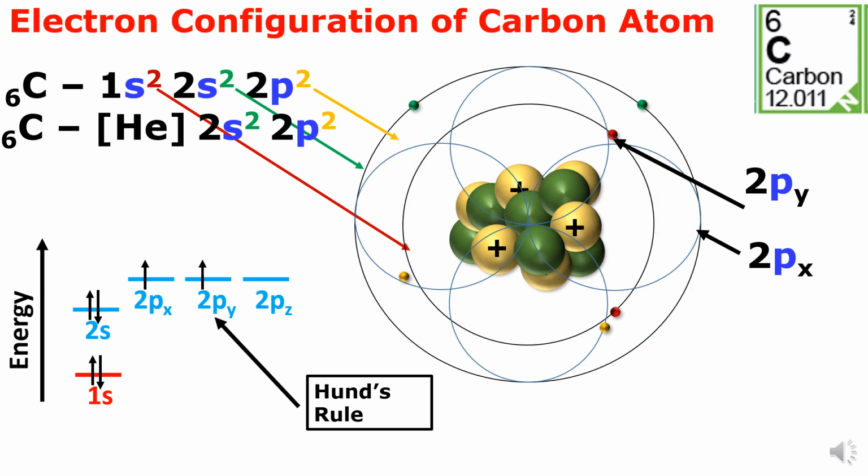For carbon, the electron configuration is 1s2, 2s2, 2p2. The first two electrons fill the 1s orbital, the next two fill the 2s orbital, and the fifth and sixth electrons occupy the 2px orbital and 2py orbital respectively.